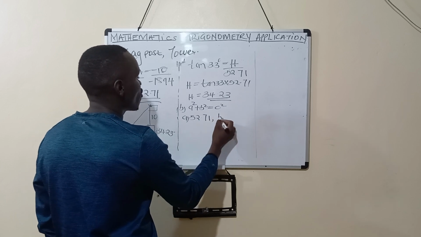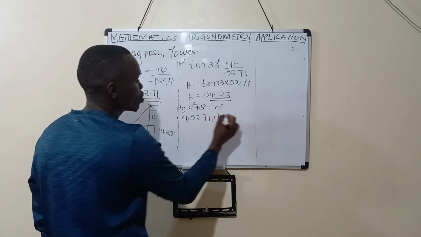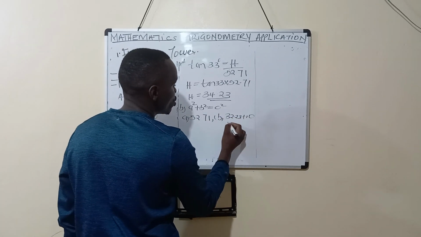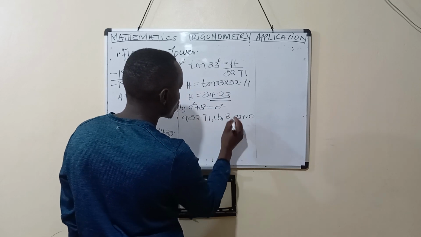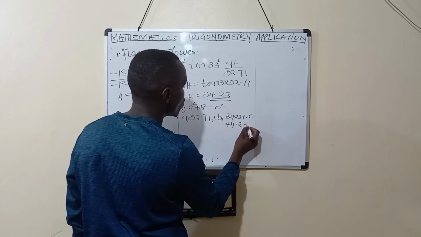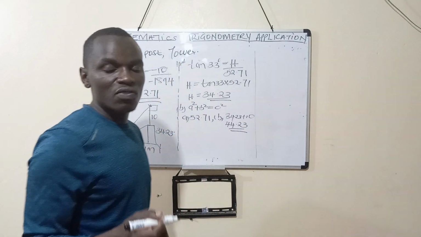Then the value of B will be 34.23 plus 10, which is going to be 44.23, so that we can obtain the value of C.